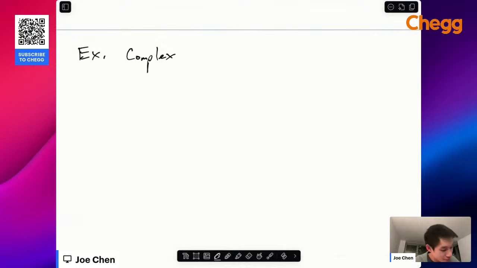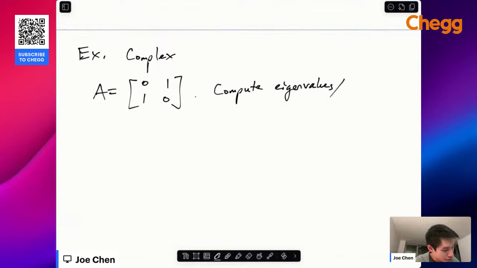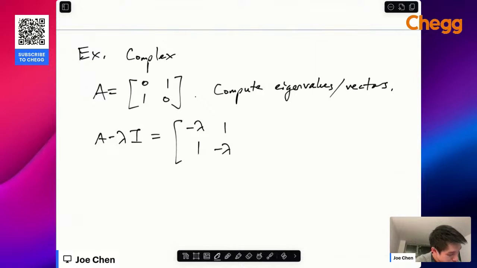Let me now do a problem. Let A equal 0, 1, 1, 0. And let's compute the eigenvalues and vectors. As for the real case, we look at A minus lambda times the identity. We get minus lambda, 1, 1.